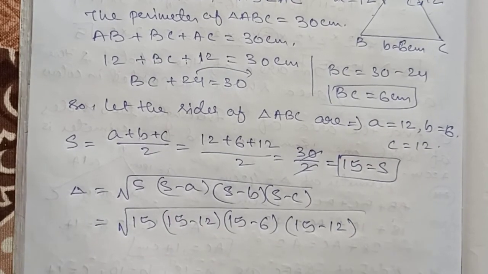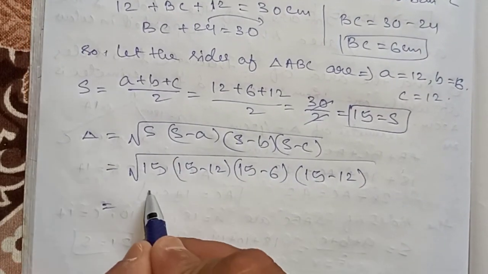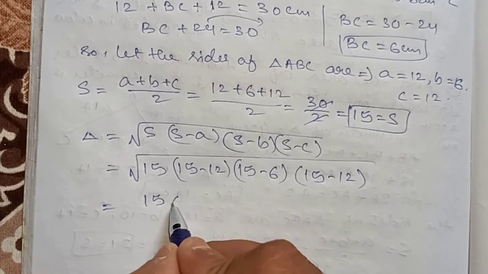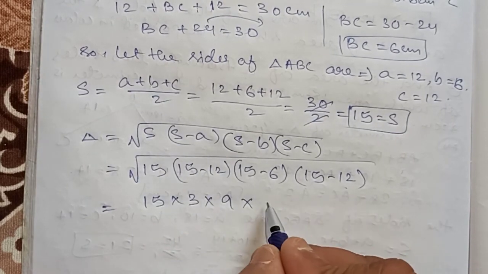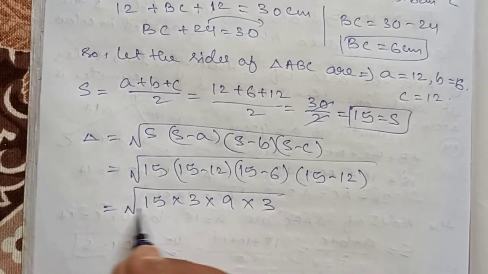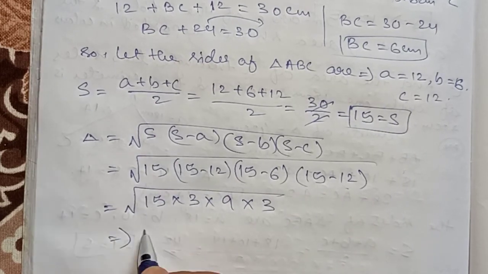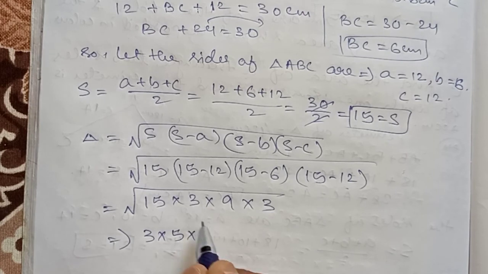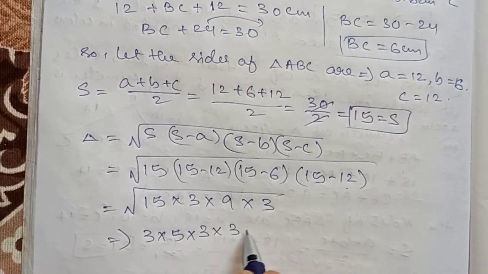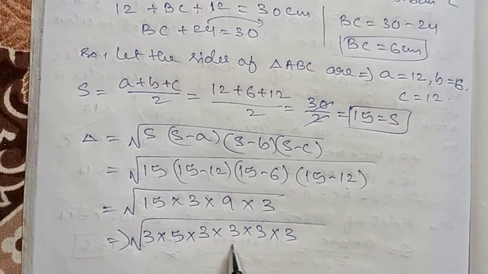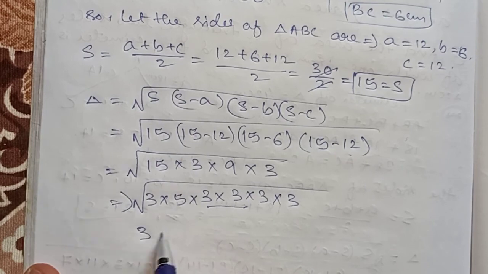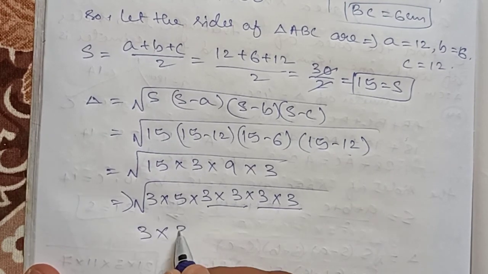Now calculate the values. 15 will be as it is. 15 minus 12 is 3, 15 minus 6 is 9, 15 minus 12 is 3 again. Now we will write the LCM of this. 15 can be written as 3 into 5, 3 will be as it is, 9 can be written as 3 into 3, and this 3 will be as it is. So here 5 and four 3s are given. Out of this one we will take outside, out of this one we will take outside.